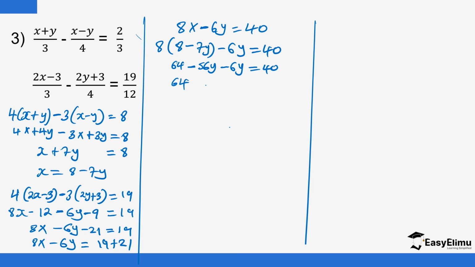So 64 minus 62y is equals to 40. So 64 will have to move to the other side. So minus 62y is equals to 40 minus 64.